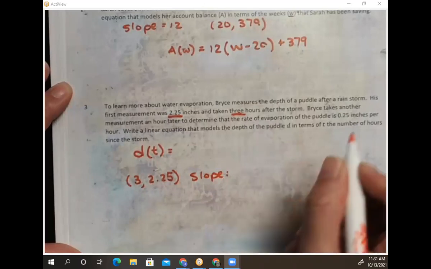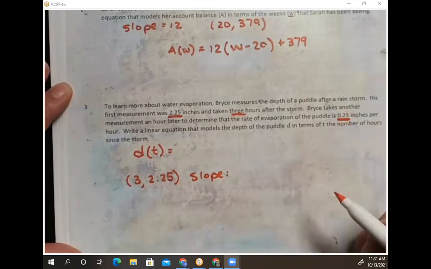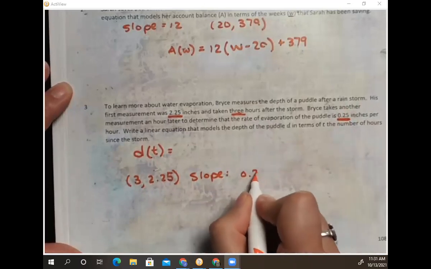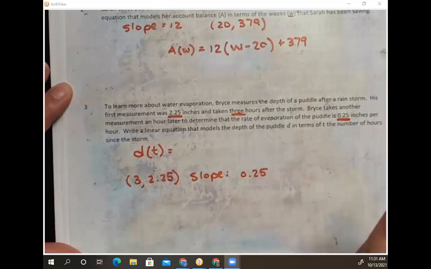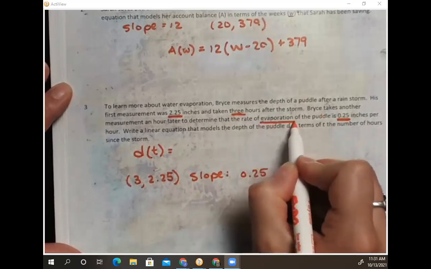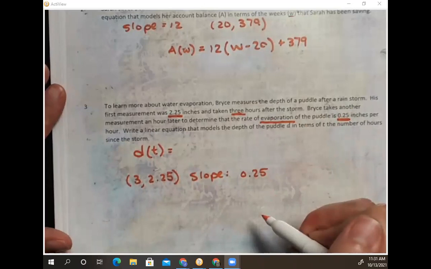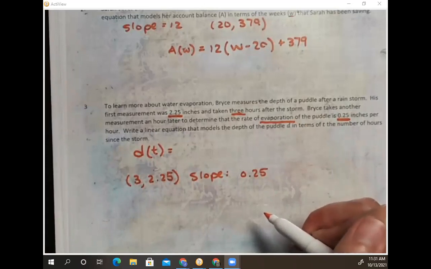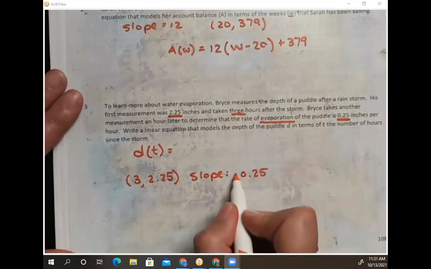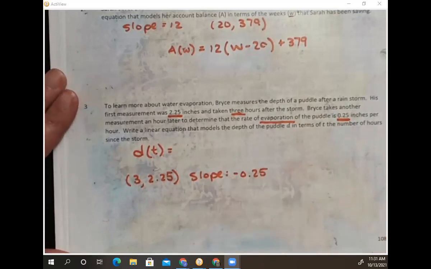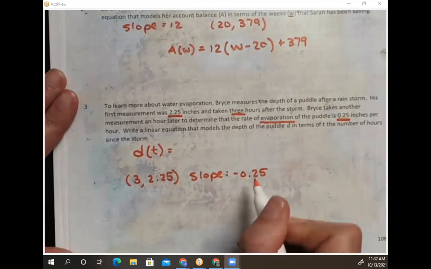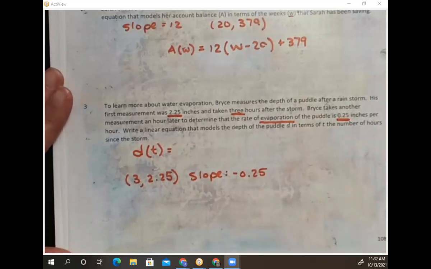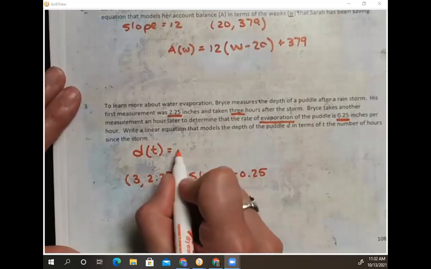And then my slope, they gave me that rate of evaporation for the puddle was 0.25. Now remember we're talking about evaporation. So what's happening to that depth of the puddle if the water is evaporating? It's going down, right? So we're going to have to put a negative right in front there. Okay. Our slope's negative because that water is going away when we evaporate.